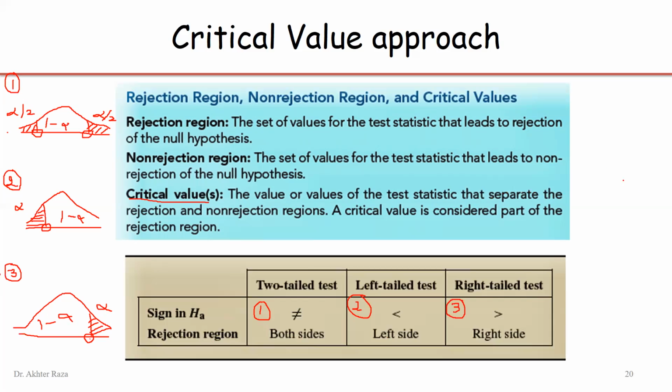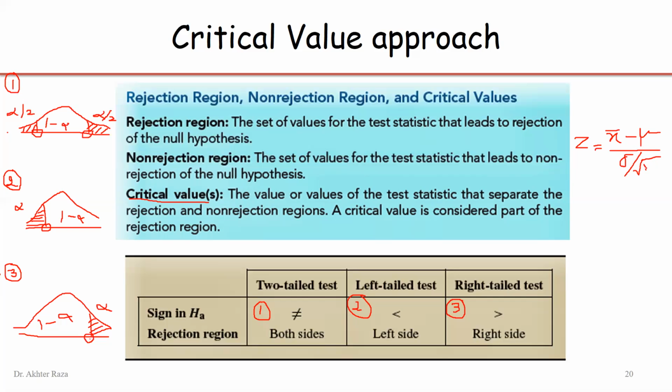What is the value of the test statistic? If we are using the Z statistic, all of you are familiar with it from the central limit theorem: Z equals X bar minus mu, divided by sigma upon root n. This is called the Z test.